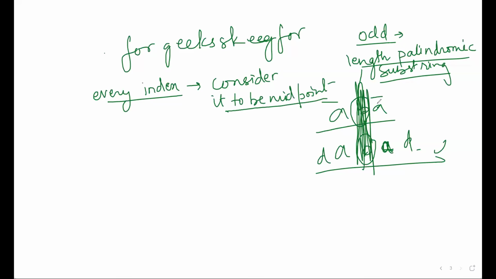They are exactly the same about the midpoint, both parts. We have a left part and a right part, and they are absolute mirror images of each other about the midpoint. For odd length, we have seen this example A, B, A. Suppose B is the midpoint, so the left part and right part are going to be exactly the same, or mirror images of each other.